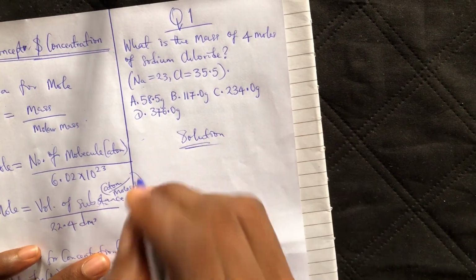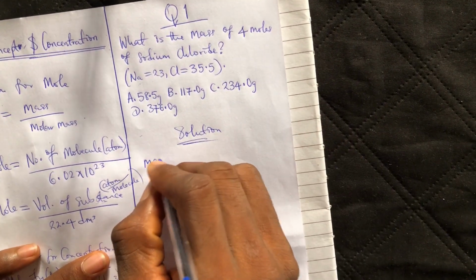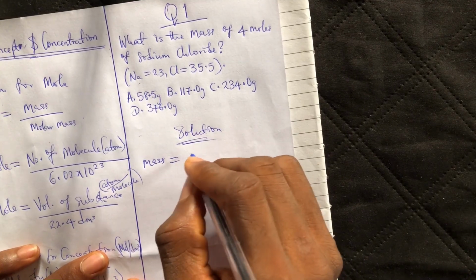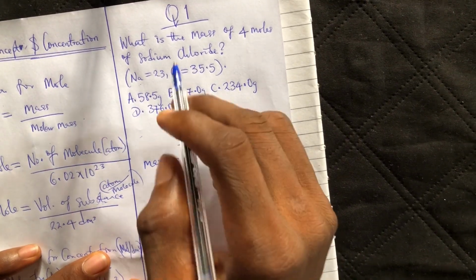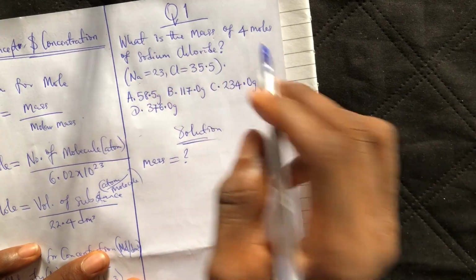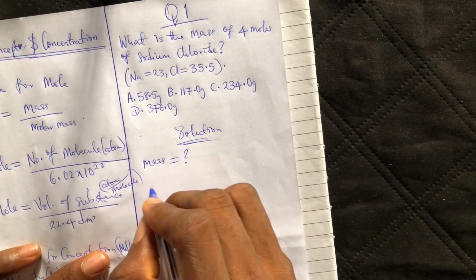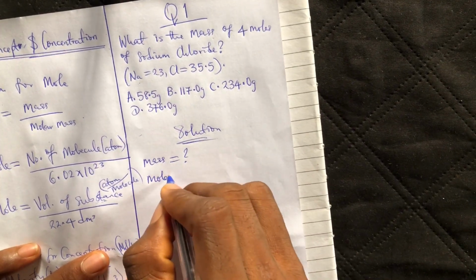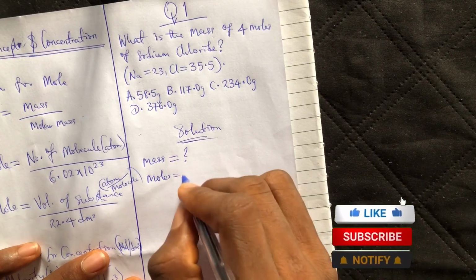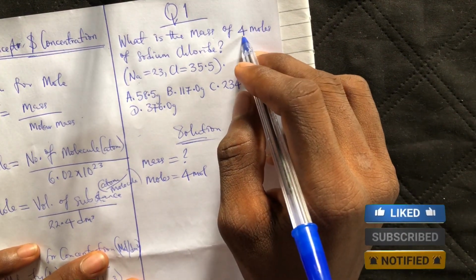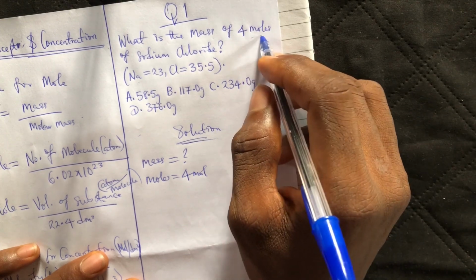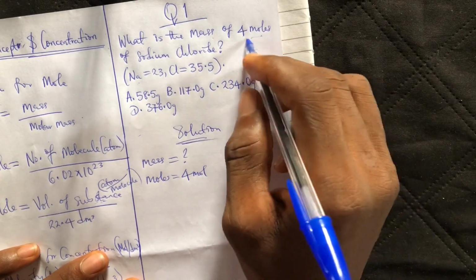So the first thing you need to write is mass. We don't know the mass because the question is, what is the mass? Now, what is the mole? You can see it here that we have 4.